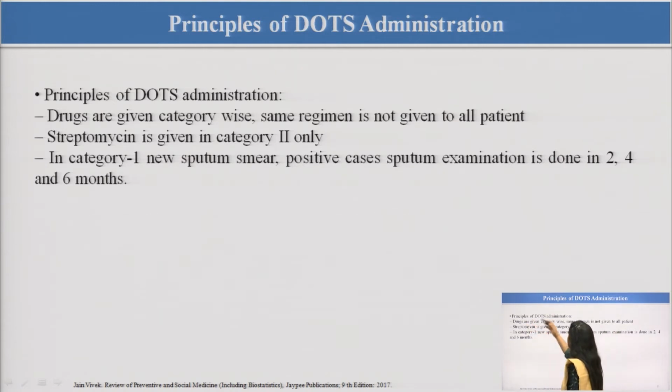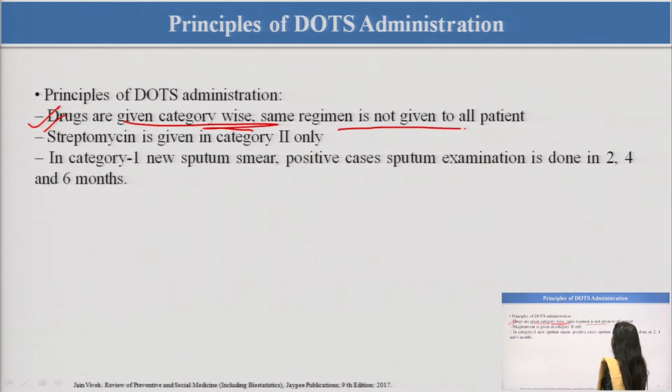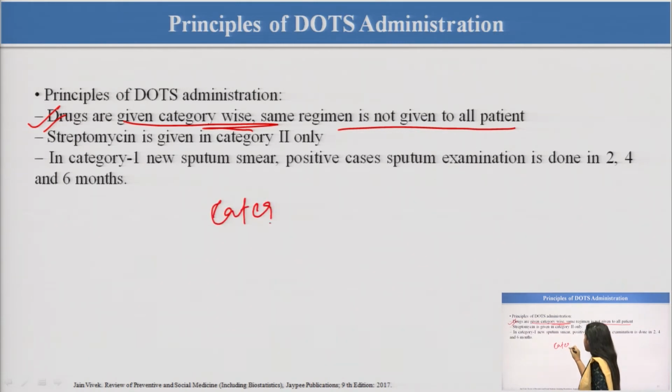Now, other principles under the DOTS administration: drugs are given category wise. The same regimen is not used for all patients because the criteria for the patients are different. So, there are some categories, like category 1. Category 1 patients are the normal or new patients. The patient has gone for the test and we have reached the infection.